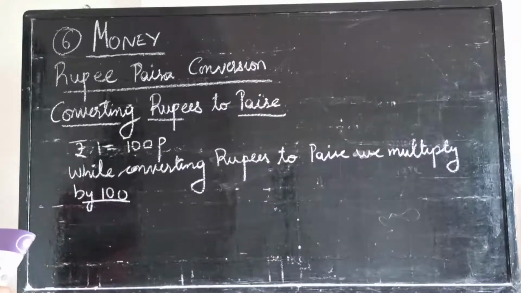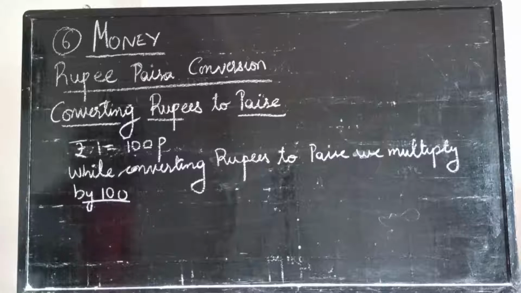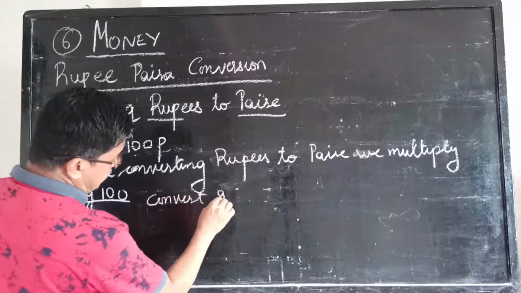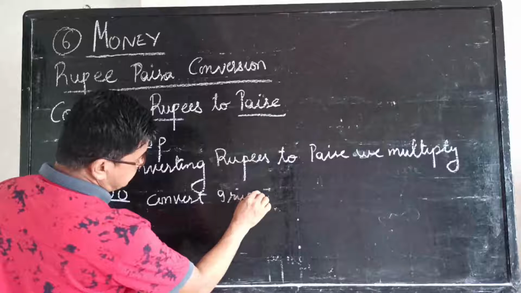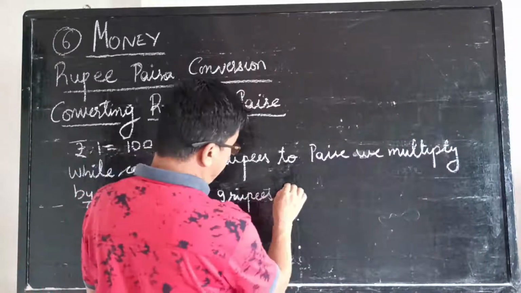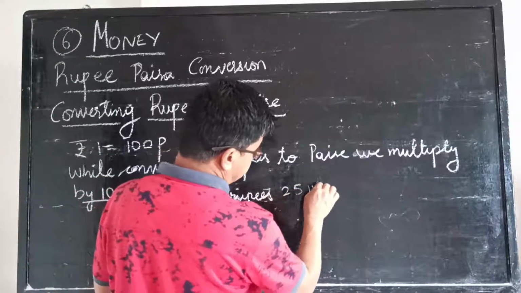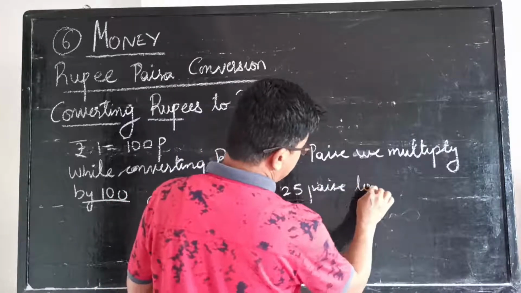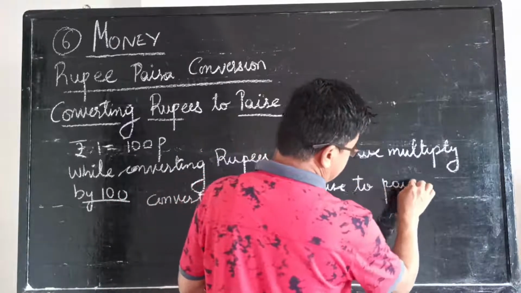Now look here. Convert 9 rupees 25 paise to paise.